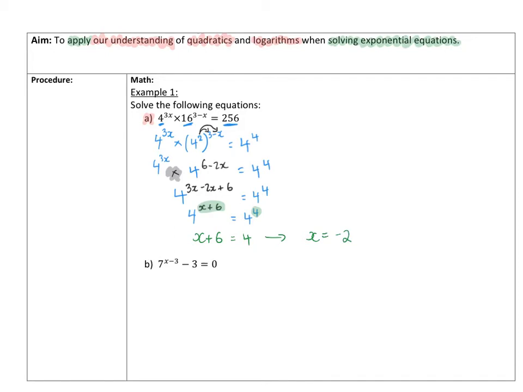So a simple process that we can think about here is first, let's get a common base. Then we can use our index laws to simplify. And if we've already got a common base, and we've simplified to one term on each side, we simply equate powers.